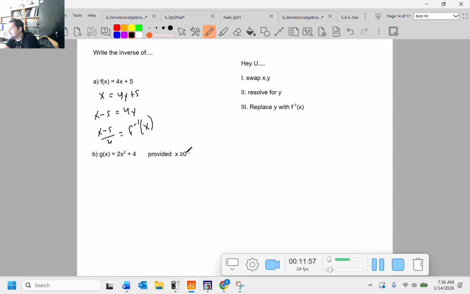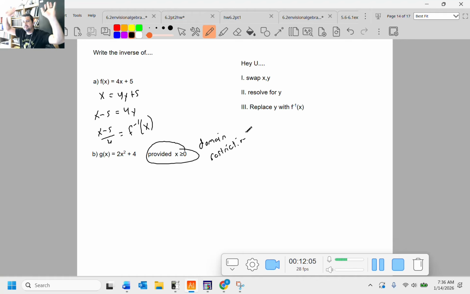Now B says this. This is a domain restriction. Because remember, you got to take away part of the quadratic, right? You got to get rid of part of it. So you're only keeping the stuff greater than or equal to 0. So provided that x is greater than or equal to 0, you can actually write an inverse. So let every x become y and every y become an x.